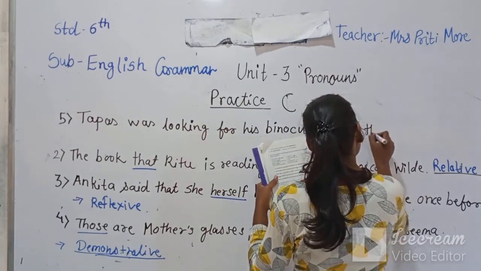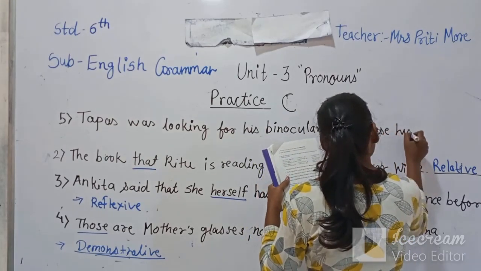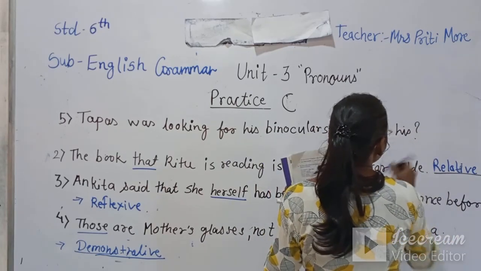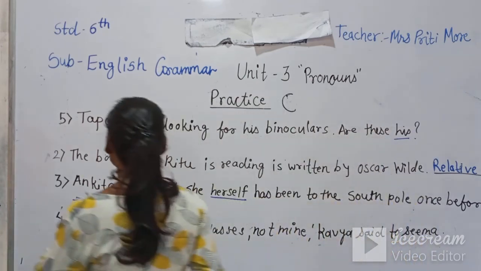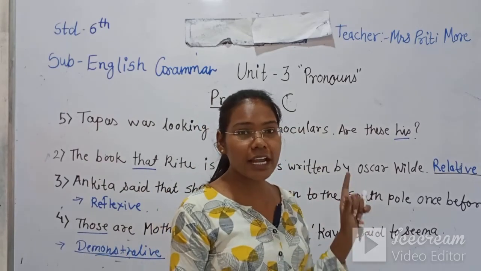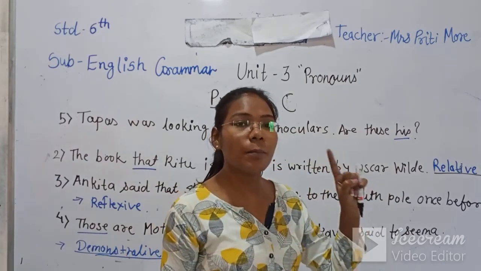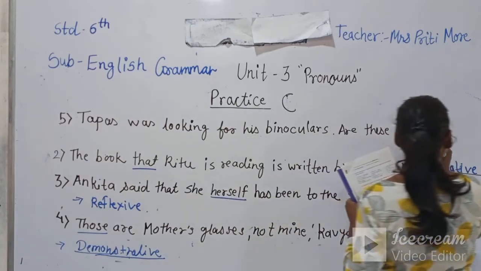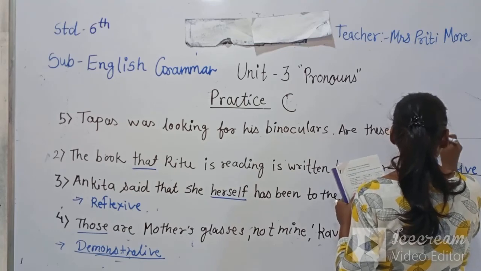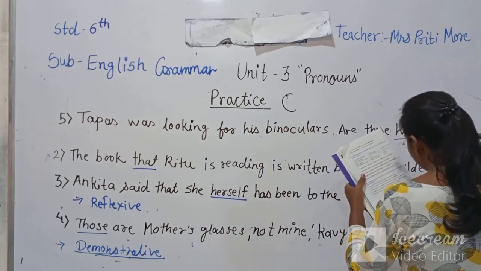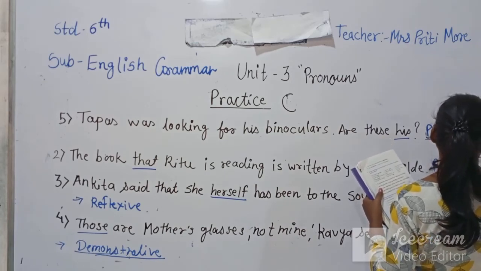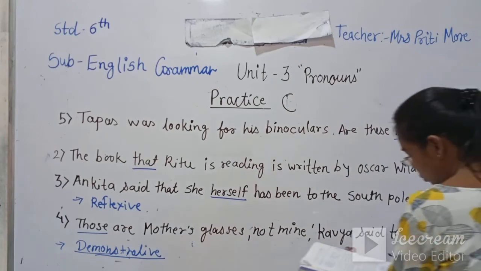Now his is underlined here. So authority and rights are shown here. If authority and rights are there, then it is a possessive pronoun. So this his is possessive. It is a possessive pronoun.